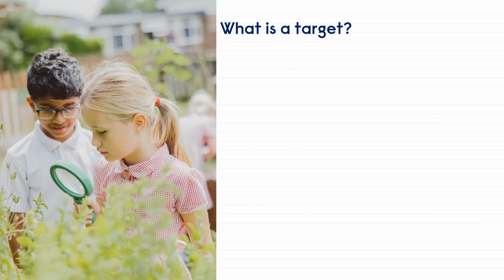So let's start by clarifying what is a target. This isn't a trick question. You know what a target is. It's really clear that it's about a goal, an outcome, or a direction. That's for our trainees, but that's also for ourselves. It's for any aspect of teaching and learning. A target also for our pupils links to goals, aspirations, outcomes, next steps, the direction of travel, where we're trying to get someone to go to.